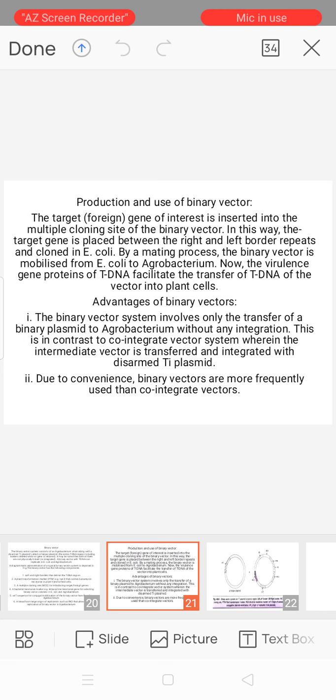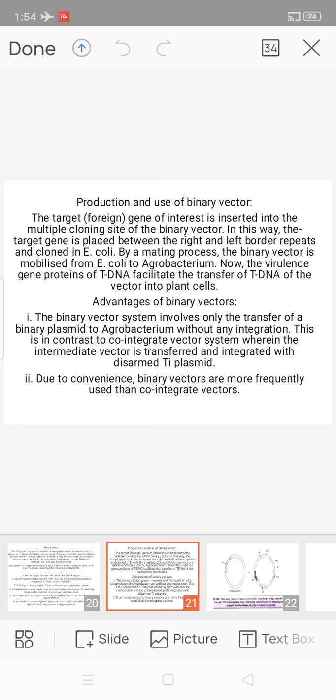And the advantages of binary vectors. The binary vector system involves only the transfer of a binary plasmid to Agrobacterium without any integration.